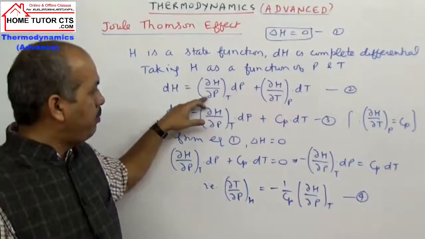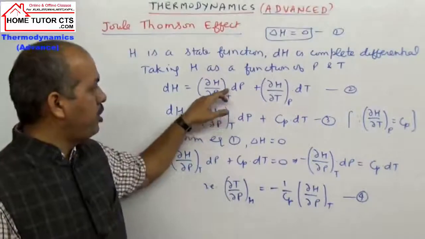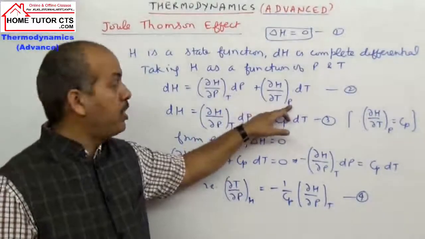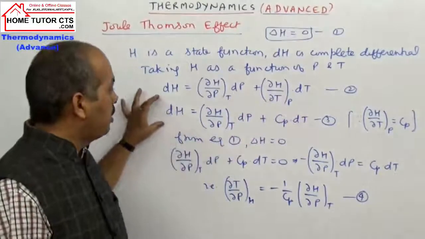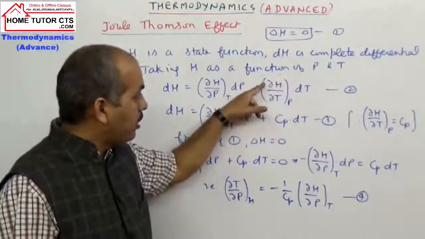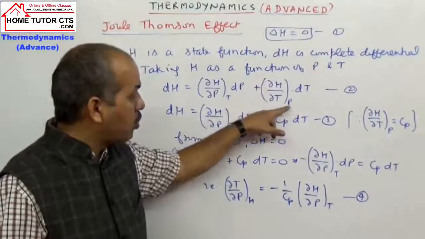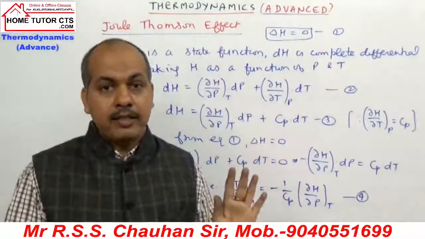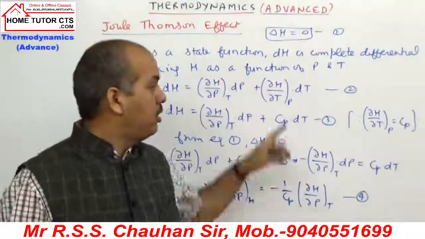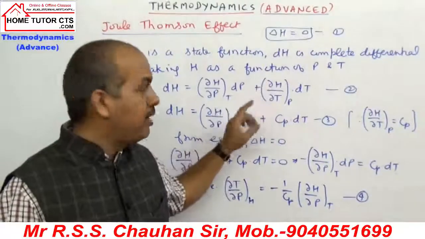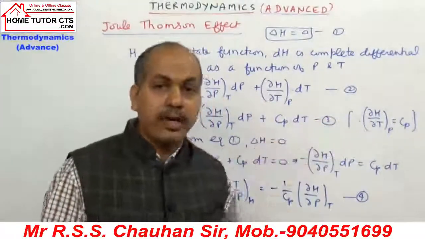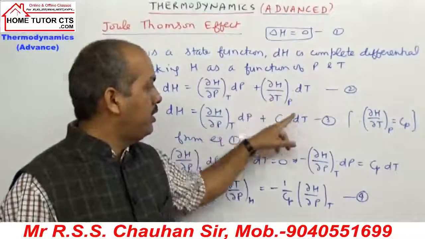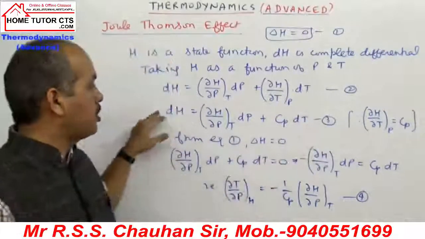Del H by del P at constant temperature dot dP plus del H by del T at constant pressure dot dT. Del H by del T at constant pressure is called Cp, the molar heat capacity at constant pressure. So replacing this term by Cp, we can write Cp dT here in expression number 2.